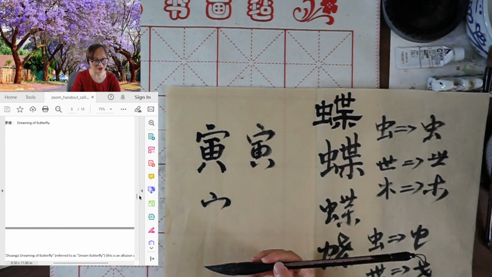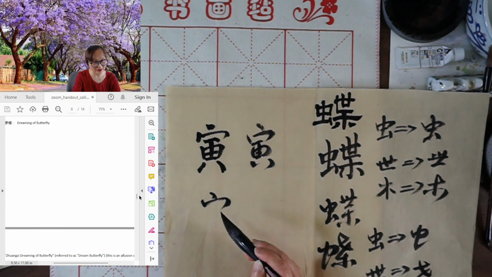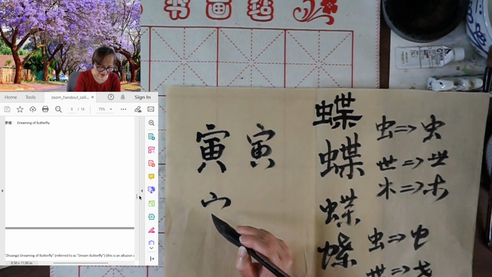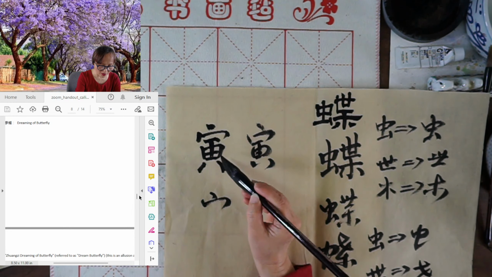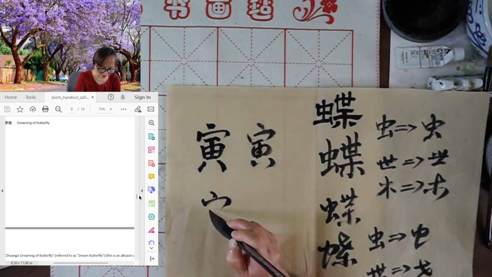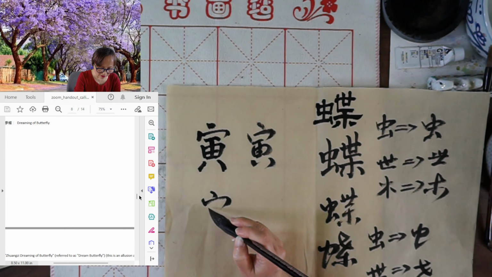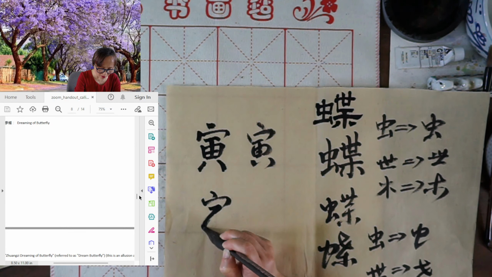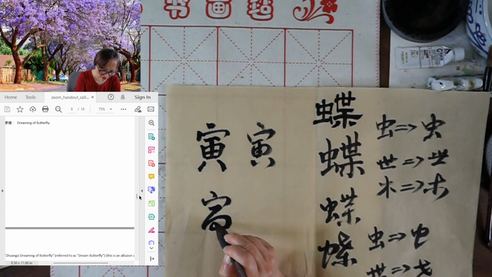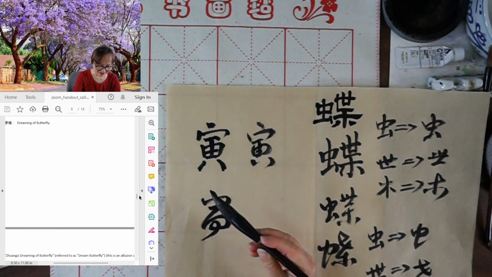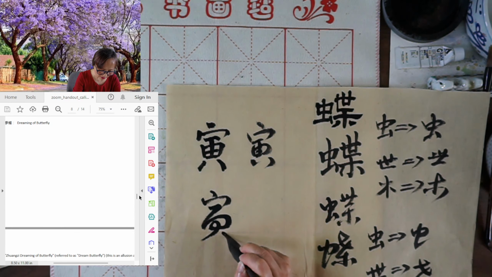I do a little bit over, but one stroke, a little bit like that. And then the bottom part: use this part, and then back to do the box, this part, and back to the center. Continue with this, and then a dot.